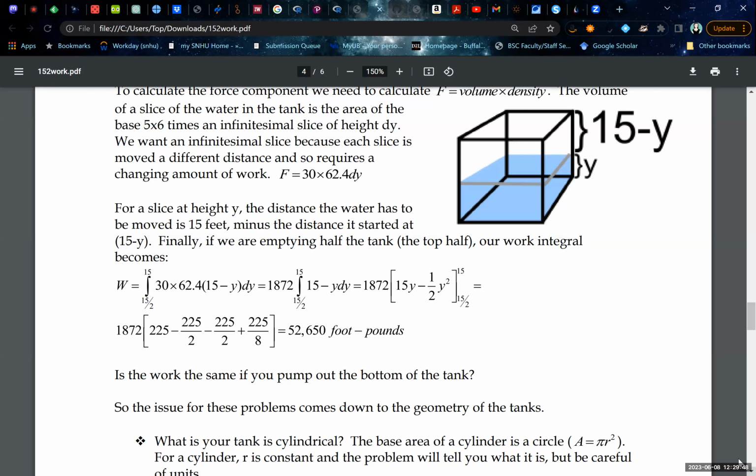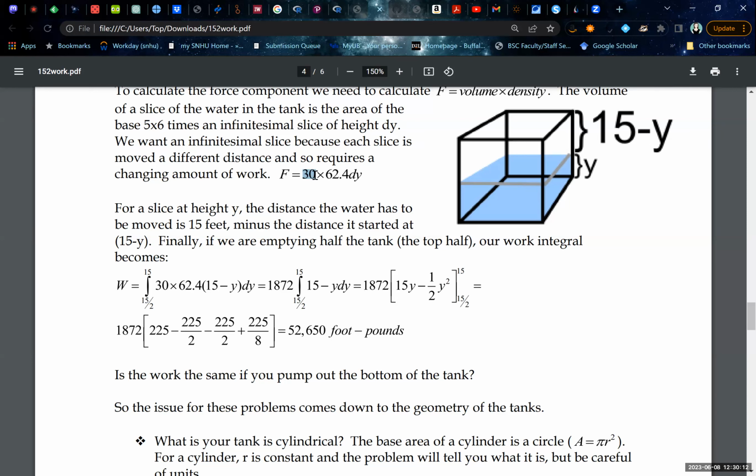Now, this is sort of the basic setup that we always have to do when we set up a tank problem. The issue that we're going to run into is basically in terms of the cross-sectional area. In a rectangular tank, the cross-sectional area of every slice is always identical, and so we get a constant for that cross-sectional area.